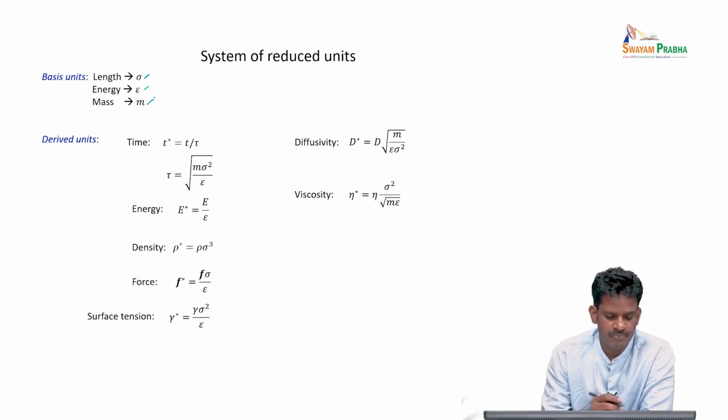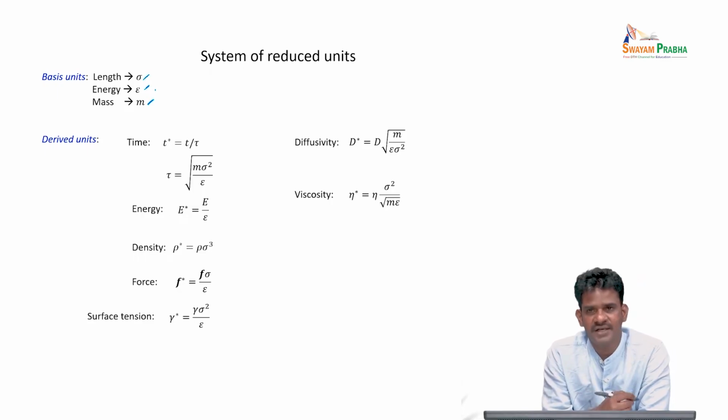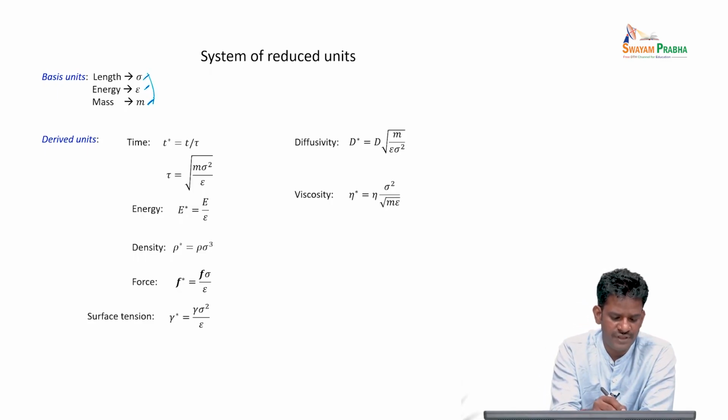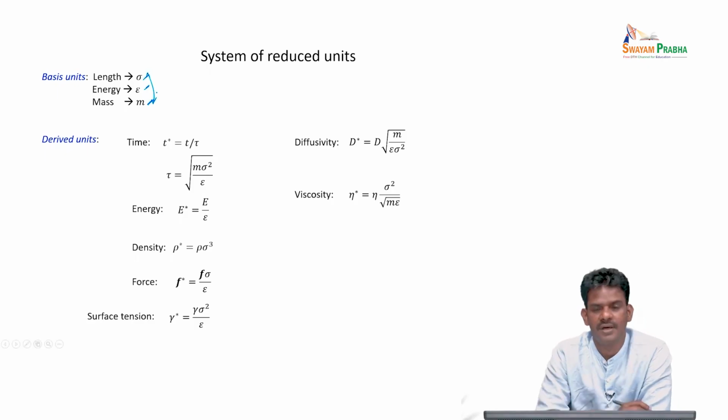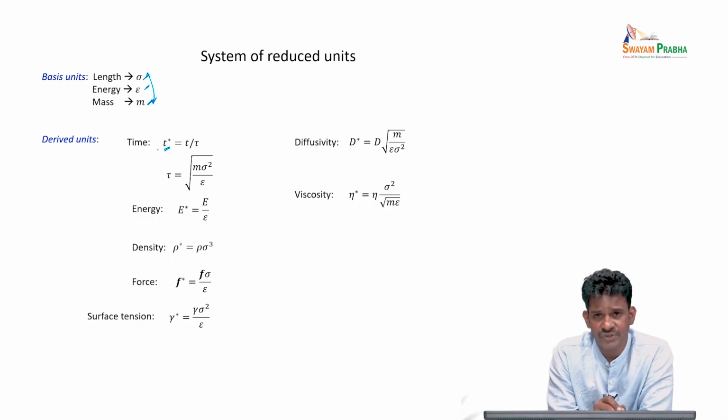For example, once you choose sigma, epsilon and m, we can define a time constant as a function of these three chosen units. For example, you may define a non-dimensional or reduced time t star as t by tau, where tau is a time constant defined as the square root of m times sigma square by epsilon.